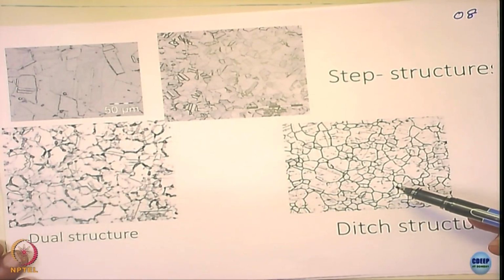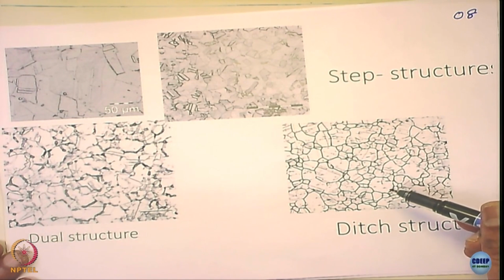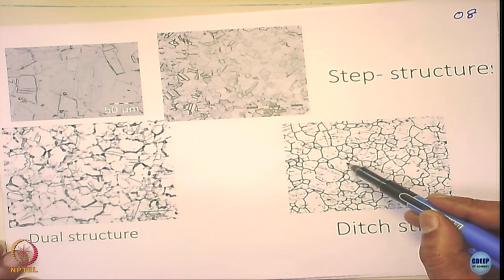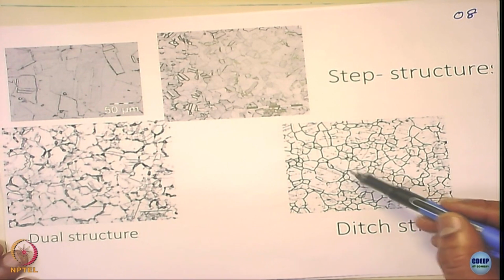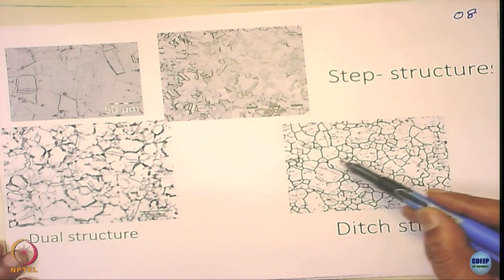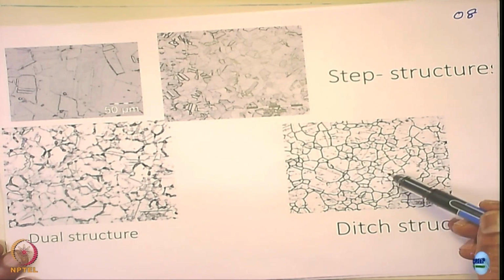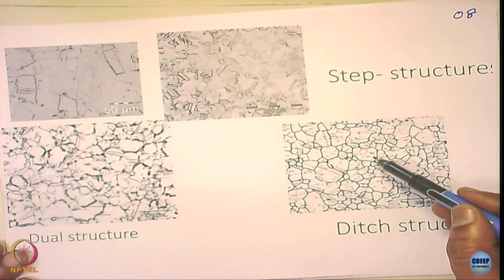What is the definition of a ditch structure, anybody? If you observe the sample at magnification 250 to 500, at least one grain is completely enveloped with the ditch structure, at least one grain completely enveloped. So not necessarily that all of them are completely enveloped, only one is sufficient.